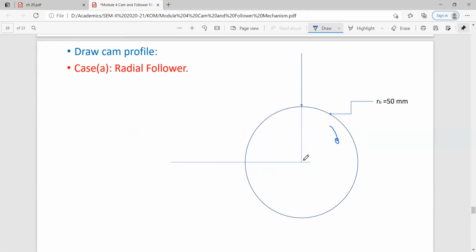So from here, you measure it like this. Up to this line it is 90 degree. We have to mark 60 degree, right? So from here you leave 30, then the remaining will be 60.